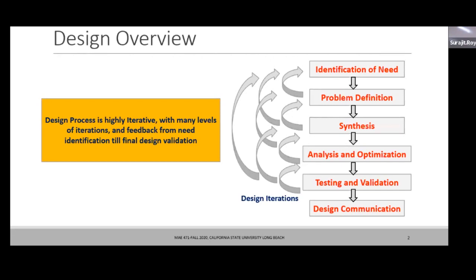The purpose of showing it is to make sure you understand the design process is not a single series of sequential steps, but an iterative procedure wherein every step can have multiple iterations. You can go from step 1 to 2 to 3 and then back to 1, and so on and so forth. That is how the design process generally is carried out.